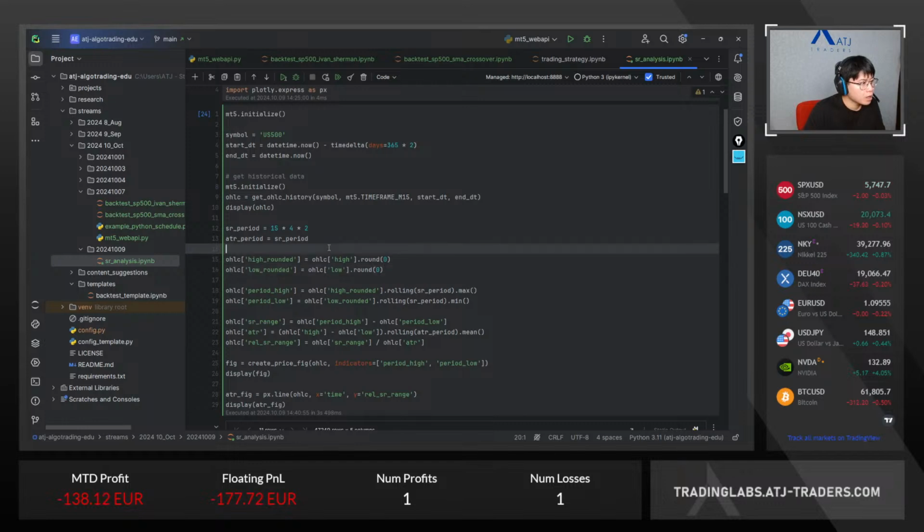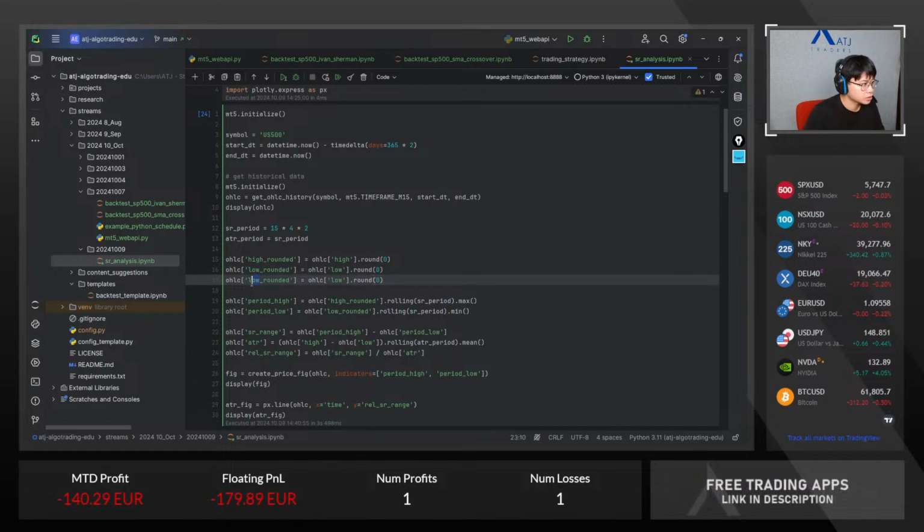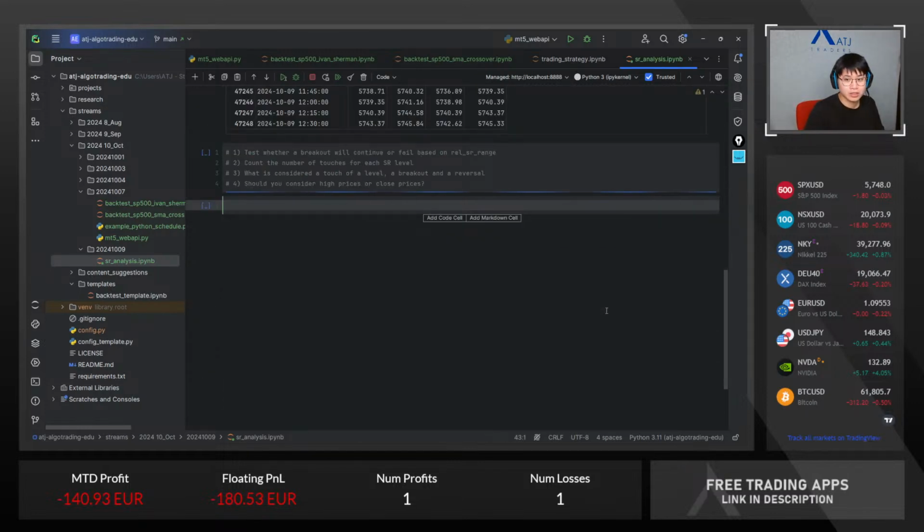So maybe we can also try to apply the close prices. This is our close price, which we are going to round, the rounded one, and use close prices instead. This is what it would look like.